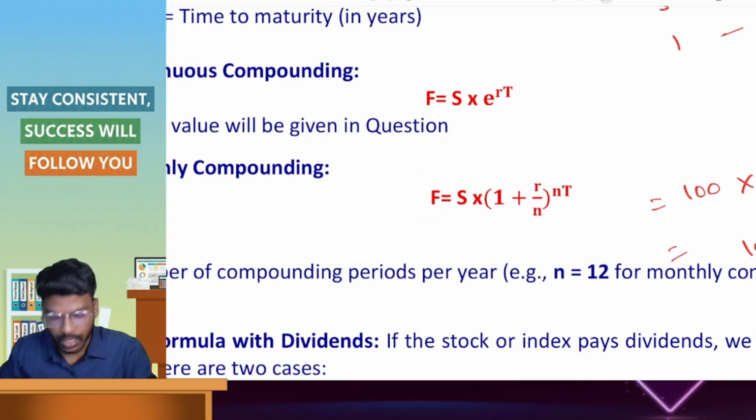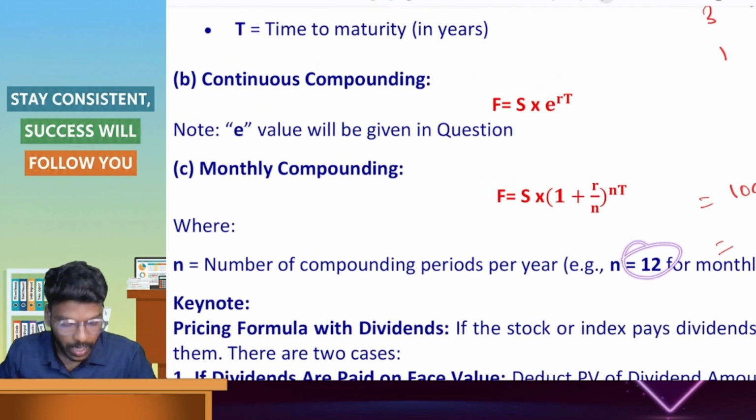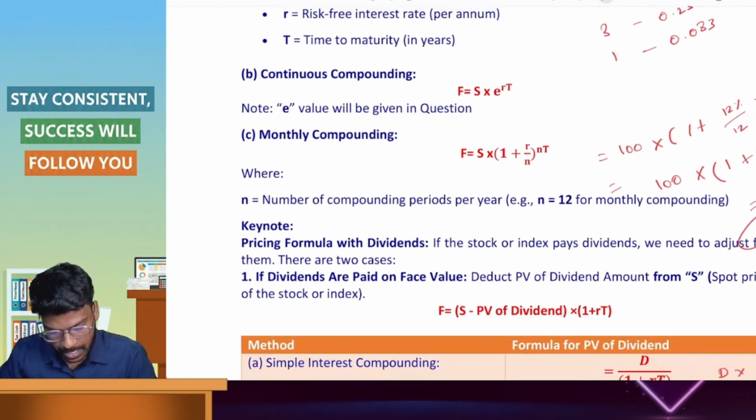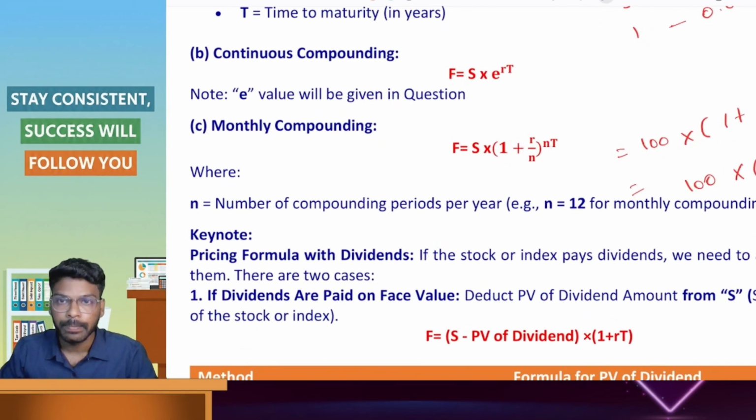Future price equals spot price into 1 plus R divided by N. There, N is 12. 12 will be written in both the power and also in R divided by 12. So then automatically it will be converted into monthly basis.